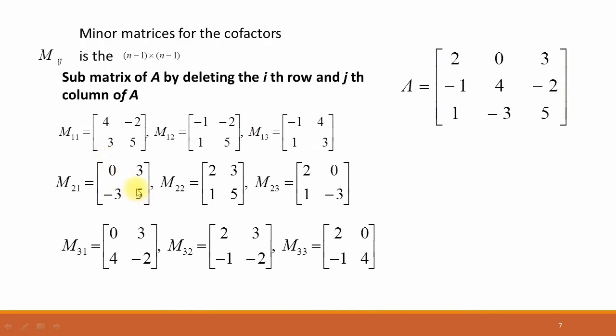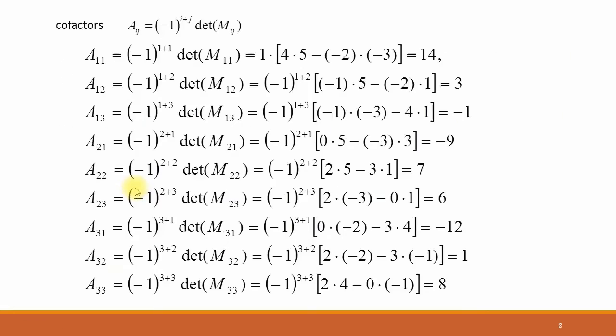So 0 minus minus 9, which is plus 9, but the sign gives us a minus, so again we get minus 9. Similarly, find the cofactors A22, A23, and these three cofactors along R3. So there are 9 cofactors: these 3 along R1, these 3 along R2, and these 3 along R3.